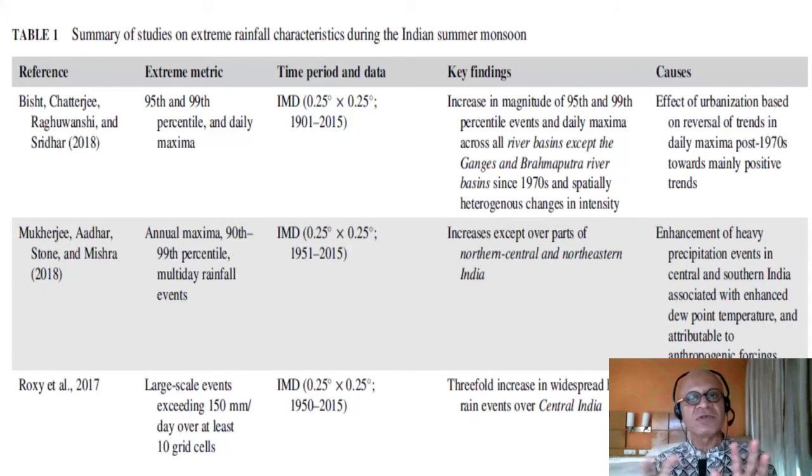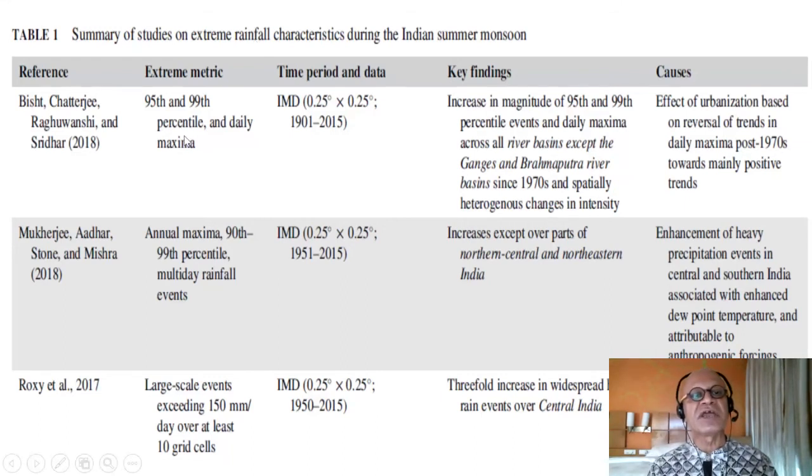But it gives you a range of key findings and the range of causes that are identified, and basically underscores the point that extremes are incredibly difficult to diagnose from the data, but Indian monsoon rainfall is one of the best data sets for doing this, and yet we don't always find a typology that can hold true for all time scales and spatial scales and so on, right?